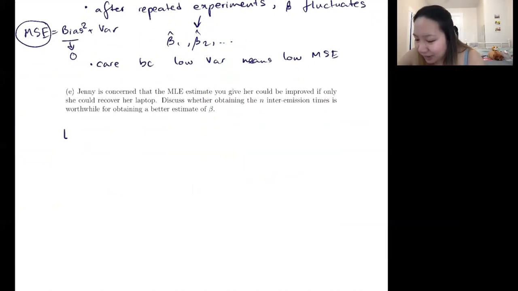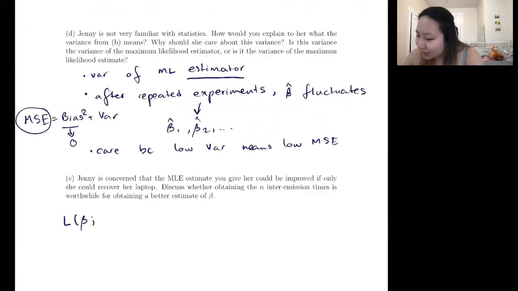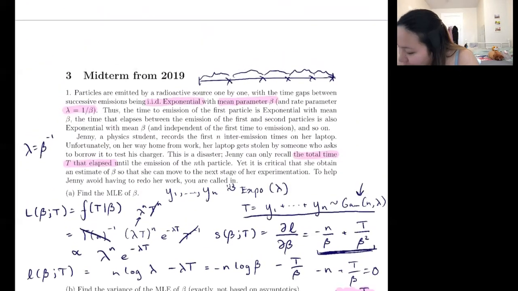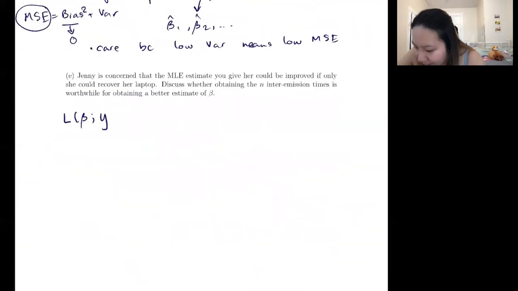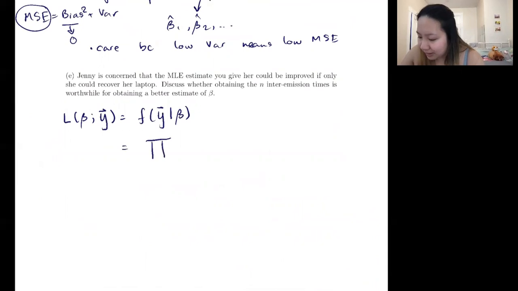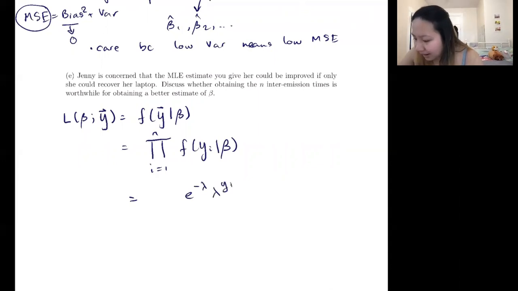We're looking for L of beta given the entire data, given Y. This is equal to the joint PDF of Y given beta, which is the product from i equals 1 to n of f of Yi, where our Yi's are Poisson, e to the negative lambda, lambda to the Yi over Yi factorial.